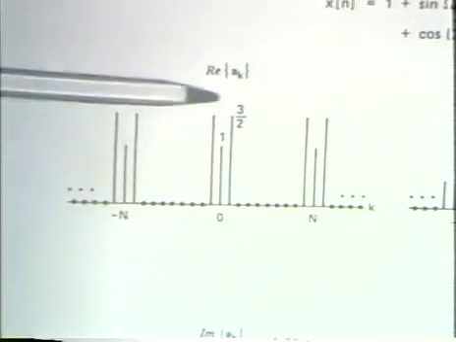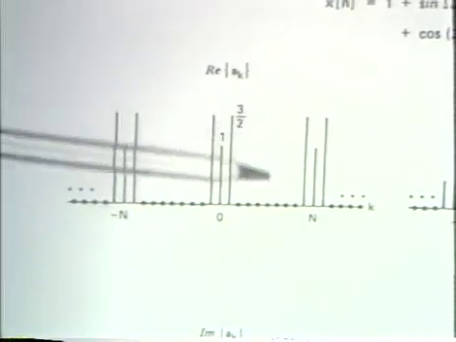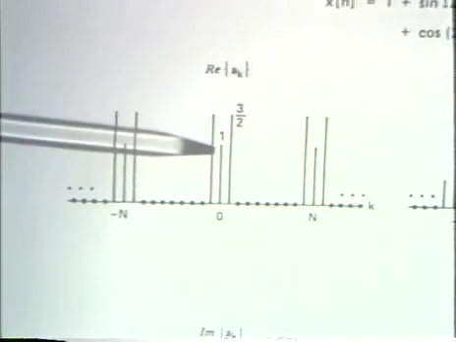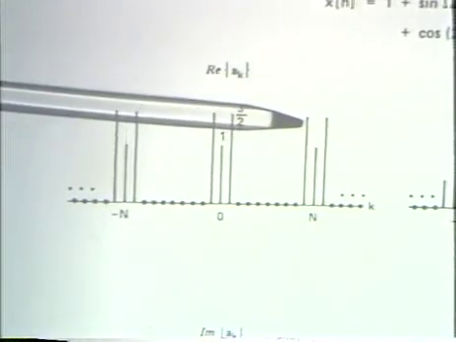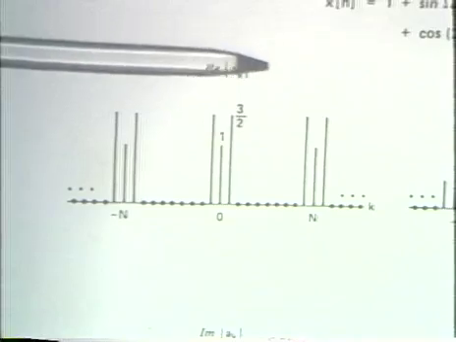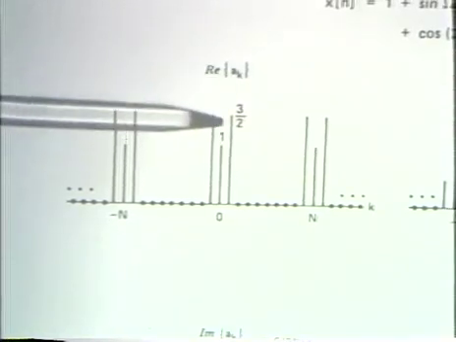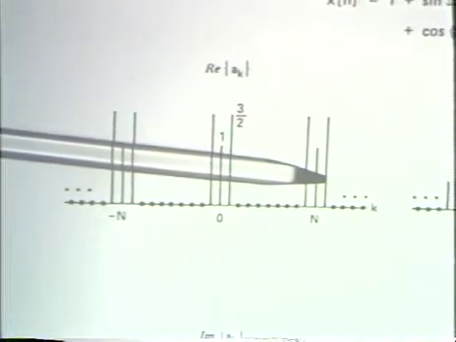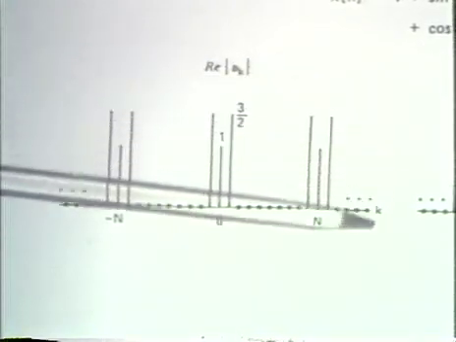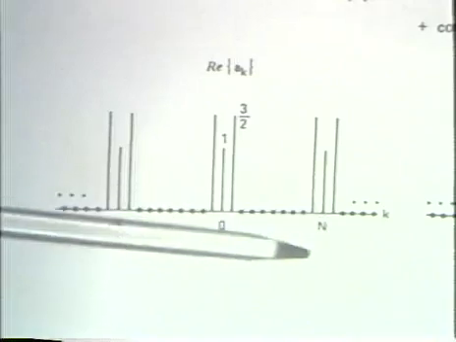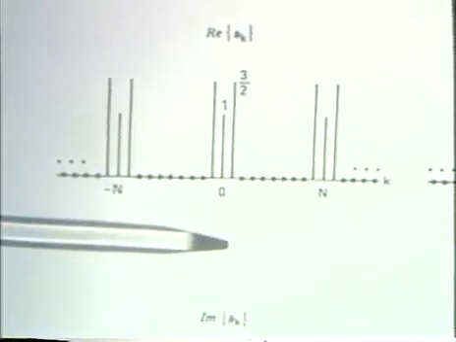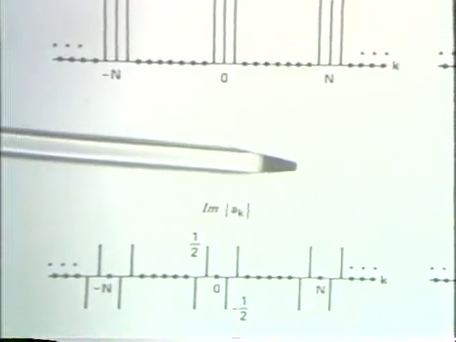And of course, these are the three terms that are required. And then because of the periodicity of the Fourier series coefficients, this simply periodically repeats. So here is the real part, and below it I show the imaginary part.